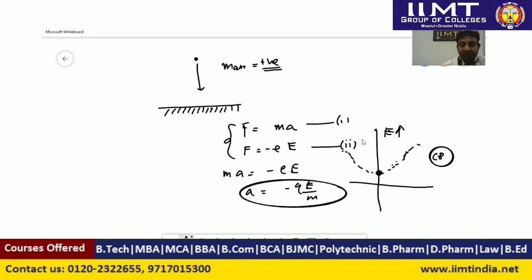Which means if an electron is freely available here, it will always move to the lowest-most point in the conduction band, just like this. So the behavior of an electron in the conduction band is termed as positive behavior, which means if a free electron is available, it will ultimately move towards the bottom of the conduction band, just like a free body moves towards earth.